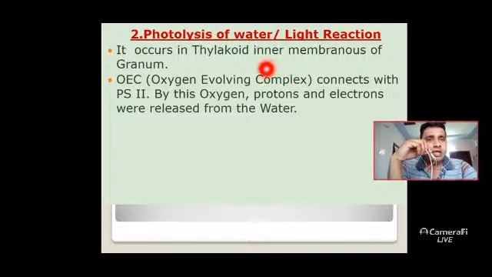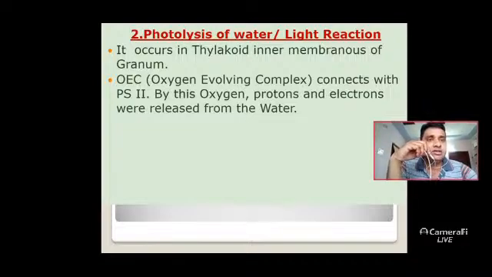Okay, so my point is, you already know that in the photosynthesis process, two systems are there. One is photosystem 1 and the other is photosystem 2. Photosystem 1 means it is about P700 nanometer. Photosystem 2 means it is 680 nanometer of wavelength. So the oxygen evolving complex connects with 680 nanometers, because that is the starting wavelength of light.